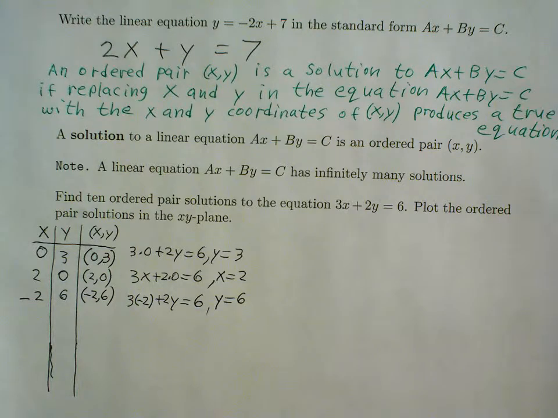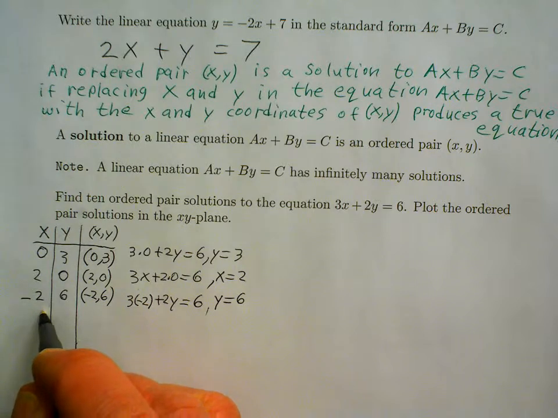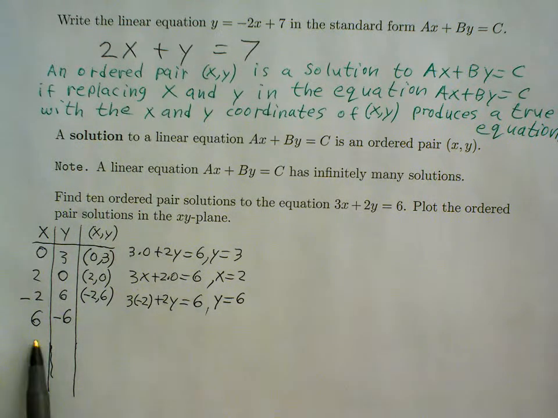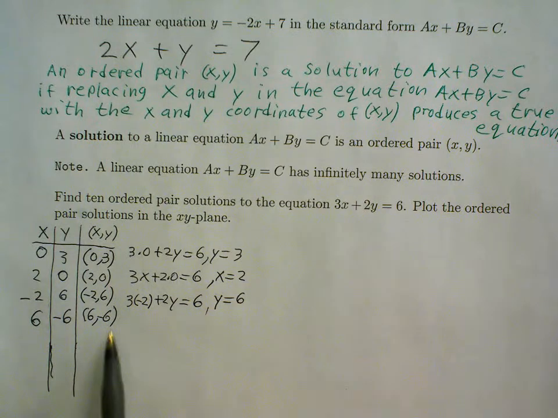Okay, I have an example in class and also an example online. The one online has 6 for x and -6 for y, or (6, -6). Well, let's check it.